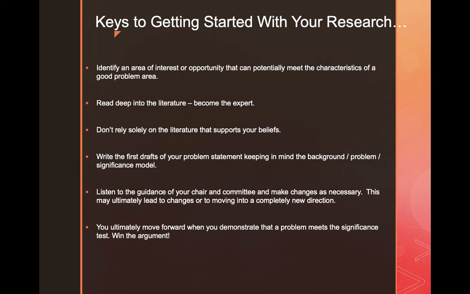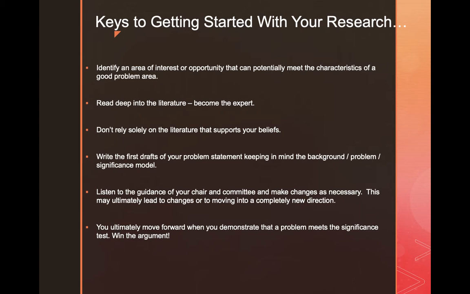So next you would write a first draft of your problem statement, keeping in mind your background, your problem and significance model. Listen to the guidance of your chair and committee and make changes as necessary.